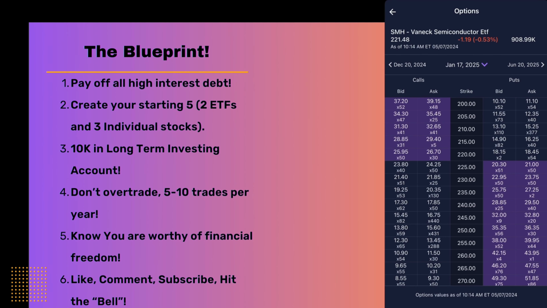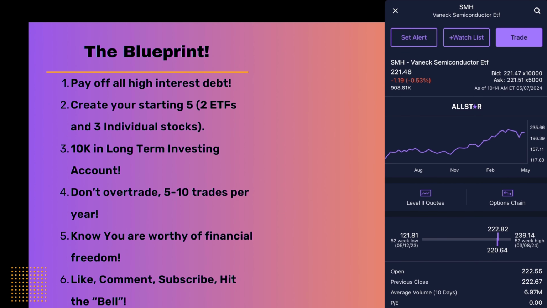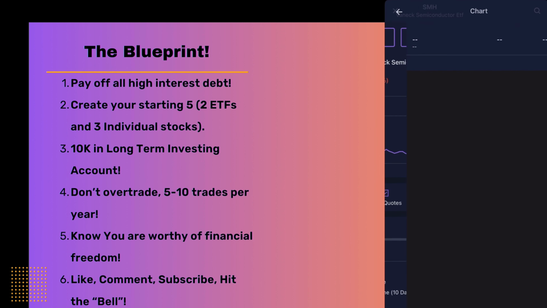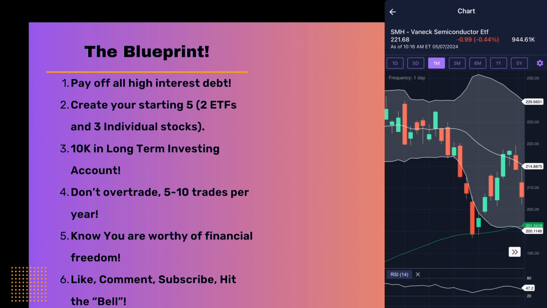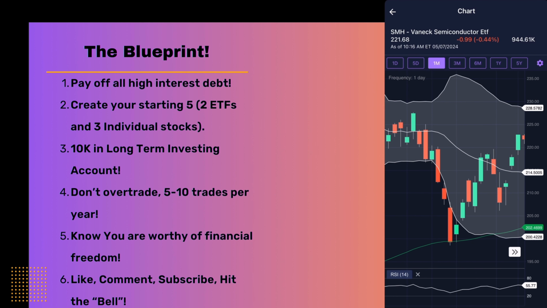Okay, we're going to actually place an actual trade here. So we're using SMH. Going to do some quick technical analysis. Starting off with the 1 month chart pulled up. As you can see, I got the 100-day EMA, got the Bollinger Bands on there. We'll switch over to the 6 month.